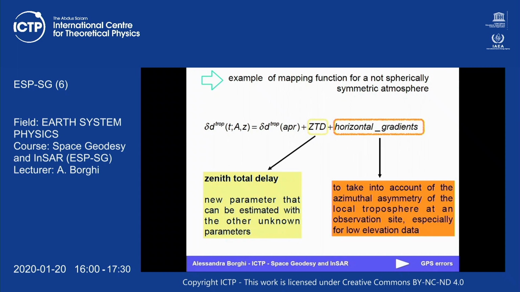All this type of estimation is made by the scientific processing software that we are going to see. We can use different types of software to process GPS data, but to deal with the troposphere in a good way we need scientific software able to estimate the zenith total delay but also the gradient.